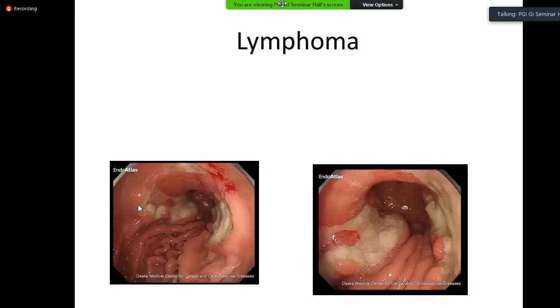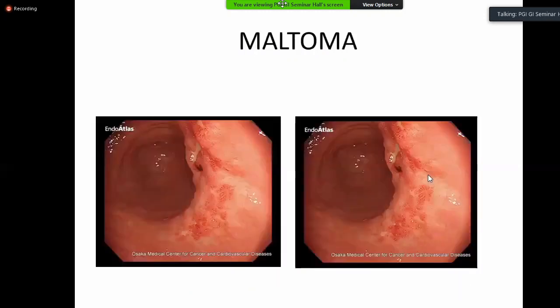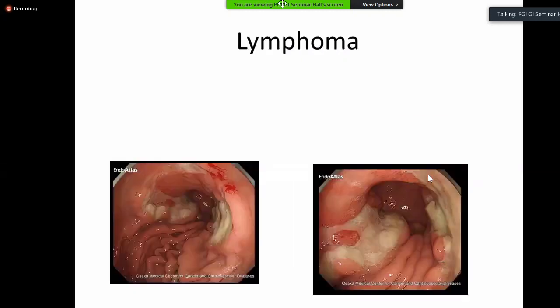Now, can you differentiate lymphoma from carcinoma? Classically, lymphoma still has distensibility maintained. So you should be able to inflate the stomach in patients with lymphoma. Otherwise, the lesion may be the same, large ulcers, more than one ulcer. If the ulceration extends onto the first part of the duodenum, it is more likely lymphoma than carcinoma.